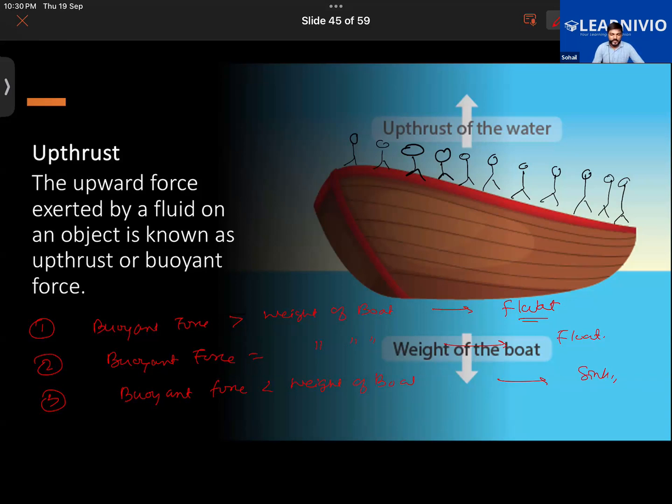So understood this principle, how the boats float and how they sink. But we still haven't answered the question why the needle will sink while the boat will float. The obvious reason is that the needle is denser than water, while the boat has a hollow design.